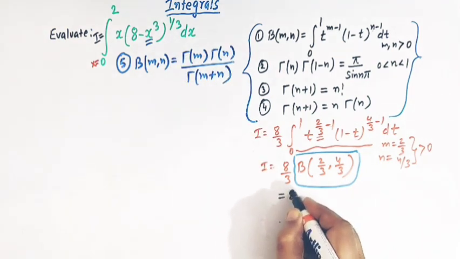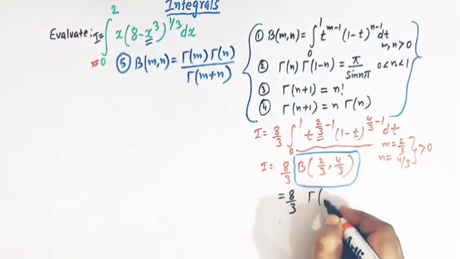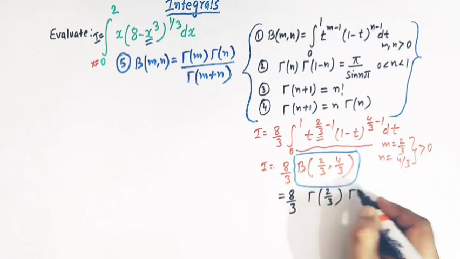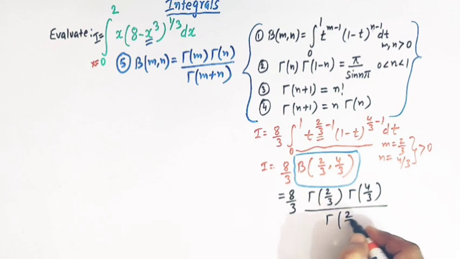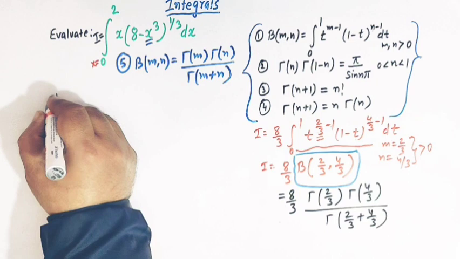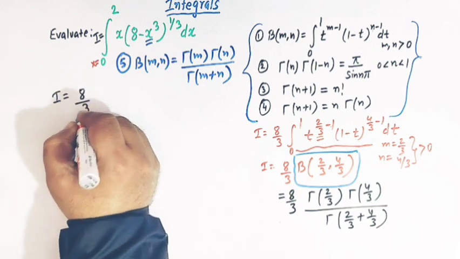So now this expression can be written with the help of this result. So we have 8 by 3, then gamma of 2 by 3, gamma of 4 by 3, then we have gamma of 2 by 3 plus 4 by 3, right? So I is now equal to 8 by 3.